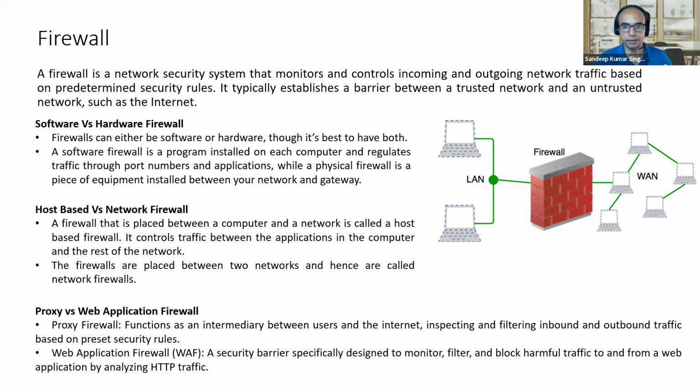I have just put forward some examples here. Software versus hardware firewall. A firewall can either be software or hardware, though it's best to have both, right? A software firewall is a program installed on each computer. So if you go and check your computer, there would be a firewall available that can regulate traffic through port number and application.